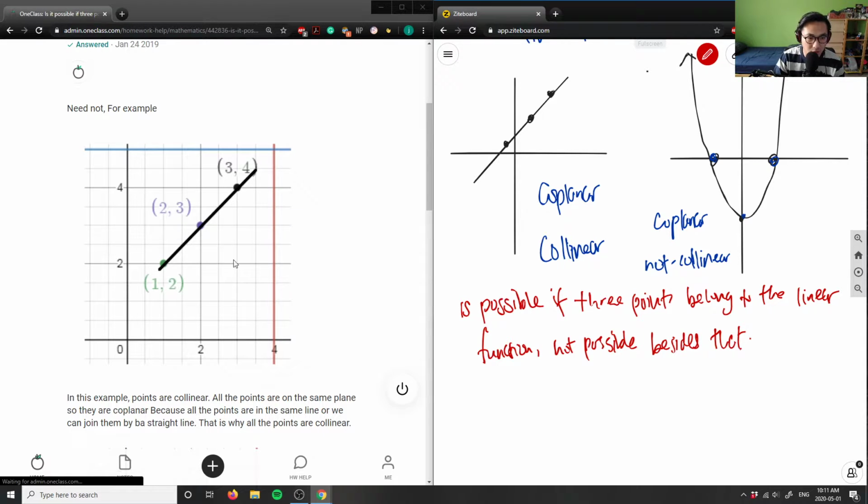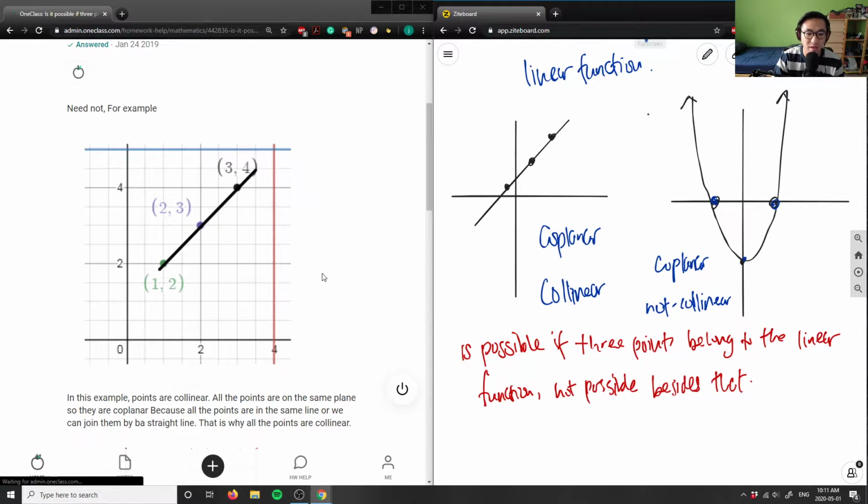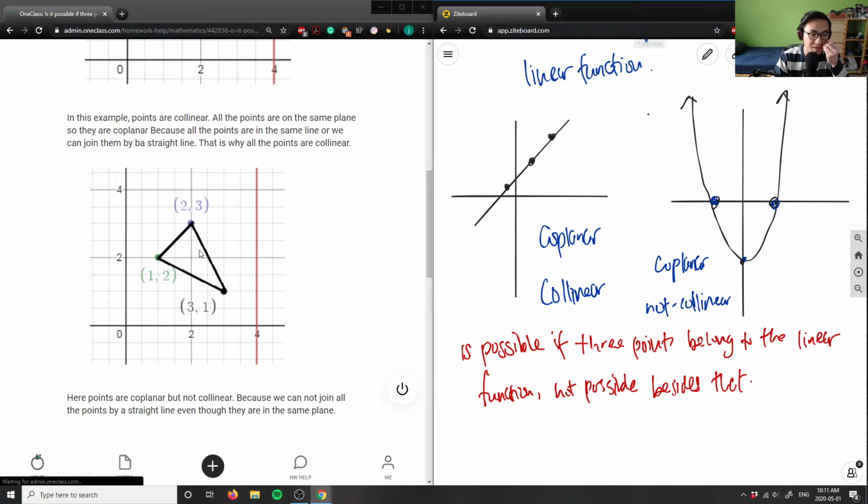So in this case, they wrote the exact same thing. It says, in this example, points are collinear, so they belong to the same plane, which is good, and they're also collinear because we can join them with a straight line. They belong to the linear function. This is like my first one here. And then in this case, they made a triangle. It says points here are also coplanar, right? They belong in the xy plane, but again, this is not a linear function here.